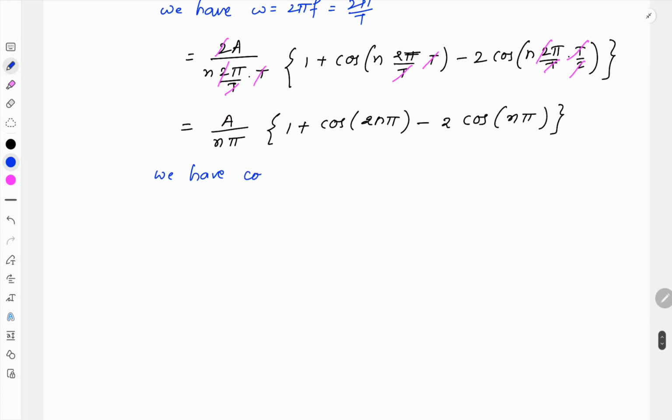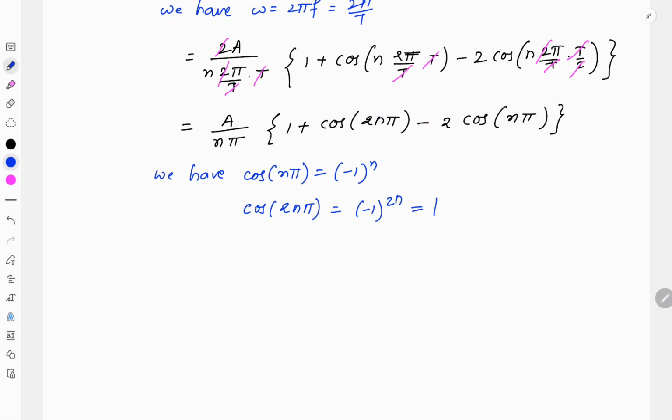Cos of n pi is equal to minus 1 raised to n. Now in our equation we have cos of 2n pi. So cos of 2n pi will be equal to minus 1 raised to 2n, which is equal to 1.